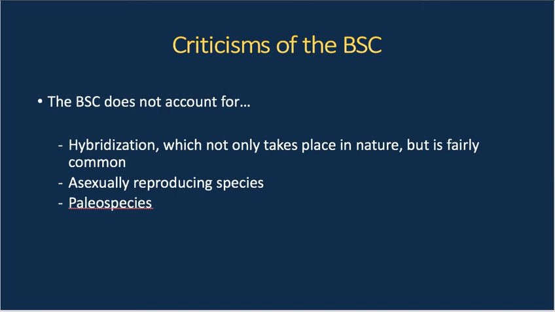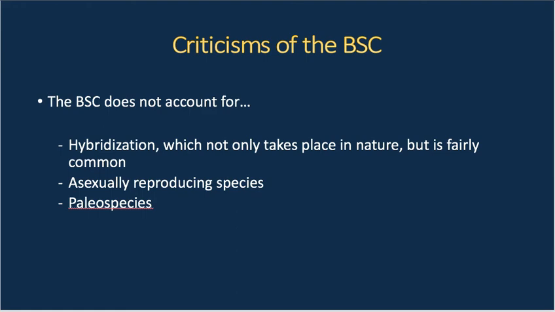This is how many microorganisms reproduce. A lot of plants and fungi reproduce this way, but there are some animals that reproduce this way as well. There have been some weird cases where hammerhead sharks, for example, have been documented to be capable of asexual reproduction. So again, if you're looking at the ability to interbreed, that really doesn't apply in any way to an asexually reproducing species.